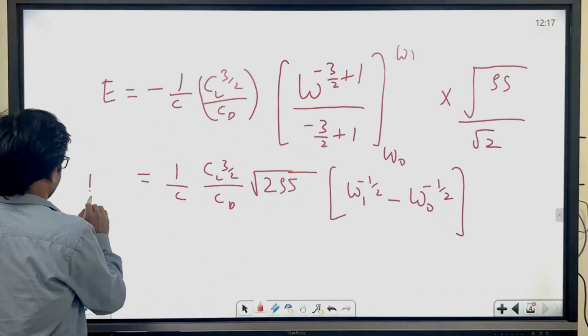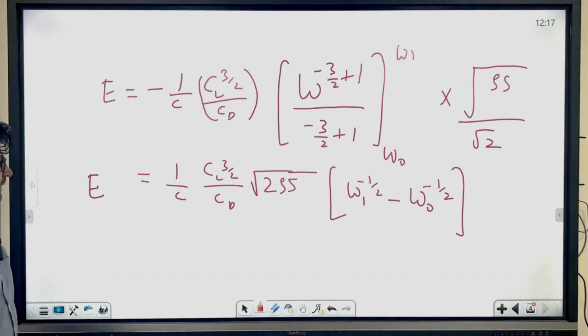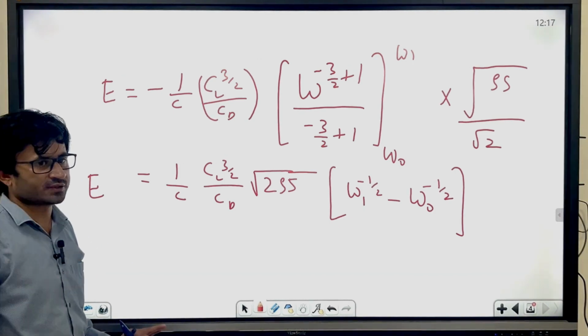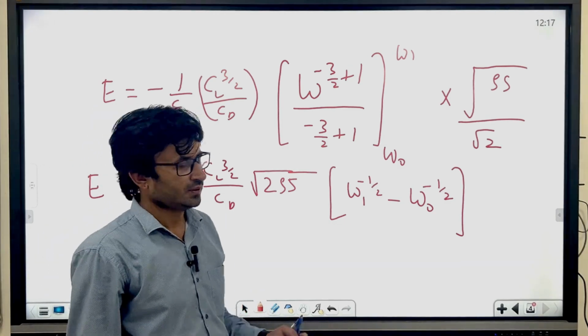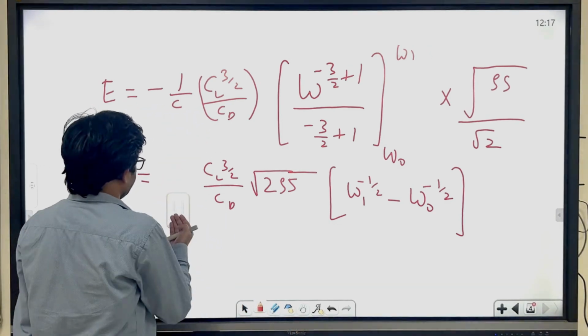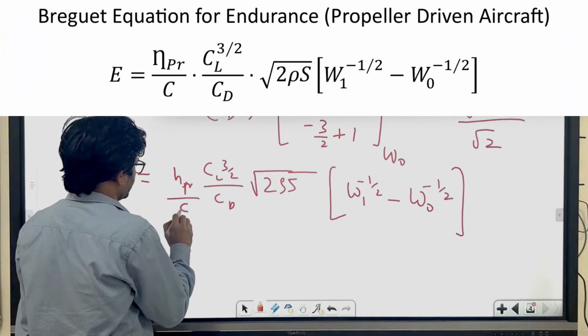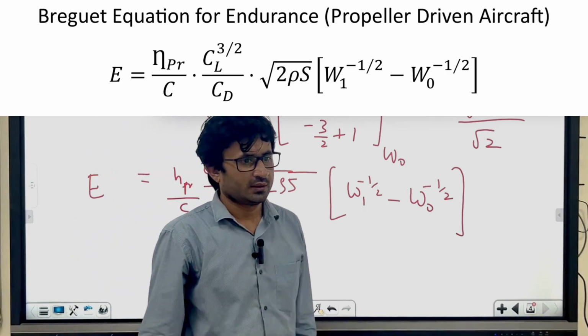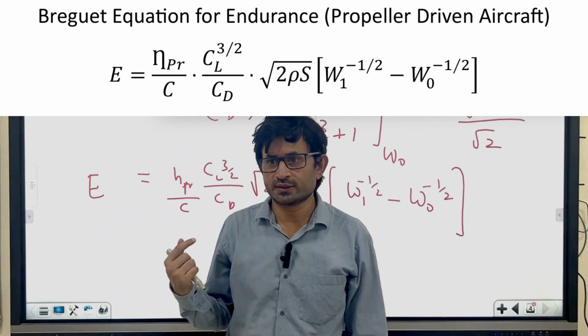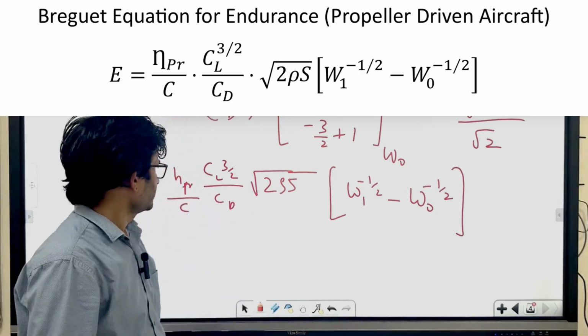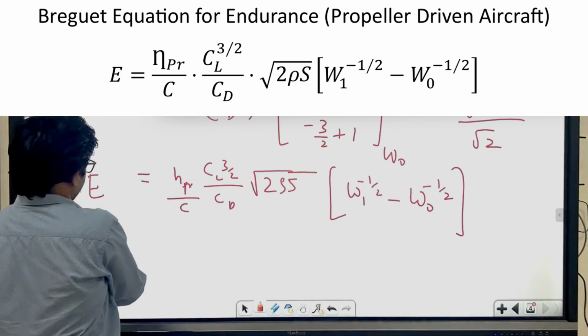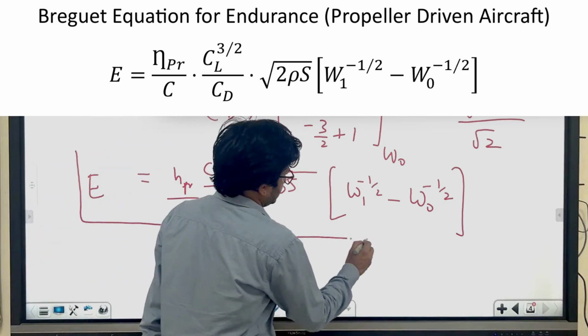And since if you consider the propeller efficiency, here you can multiply by eta PR into C, because whatever power the engine is producing, you will not get the same, right? So eta PR, C.